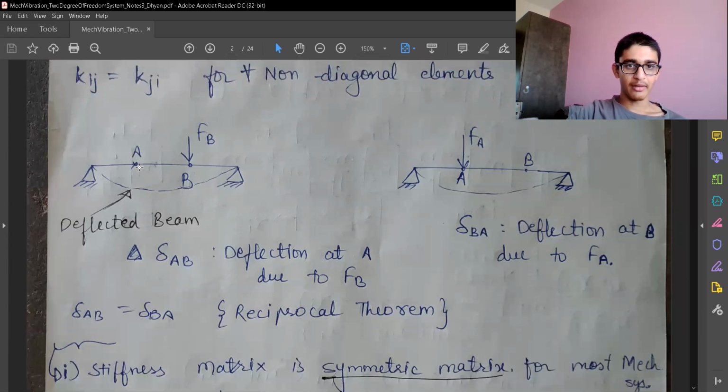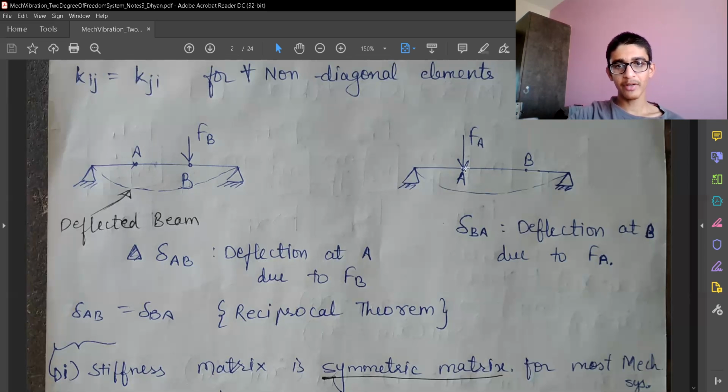We can get an analogy from a deflected beam, with force applied onto a beam which is simply supported on both ends. A force is applied at B, and we check the displacement at A. It will be delta AB, that is the deflection at A due to force FB.